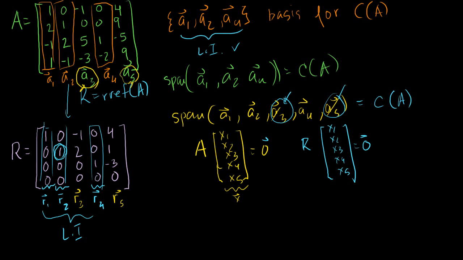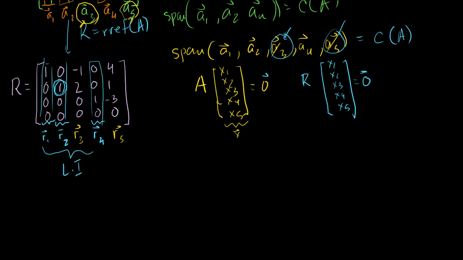So these equations can be rewritten. I can rewrite this as, what were the column vectors of A? They were A1, A2 through A5. So I can rewrite this as x1 times A1 plus x2 times A2 plus x3 times A3 plus x4 times A4 plus x5 times A5 is equal to 0. Right? We've learned that from our definition of matrix vector multiplication.